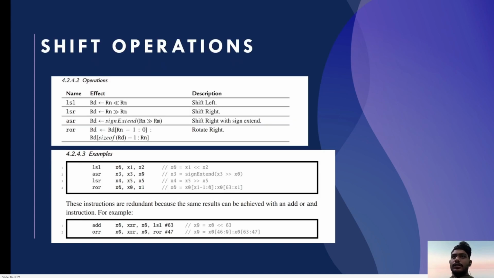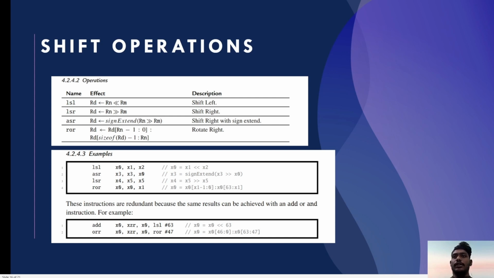When shifting right, the programmer must decide what to do with the most significant bit. An arithmetic right shift means that the sign bit is extended to fill the upper bits, whereas a logical right shift uses zeros to fill the upper bits. The register Rm's value modulo the register size, 32 or 64 bits, is used as the shift amount.